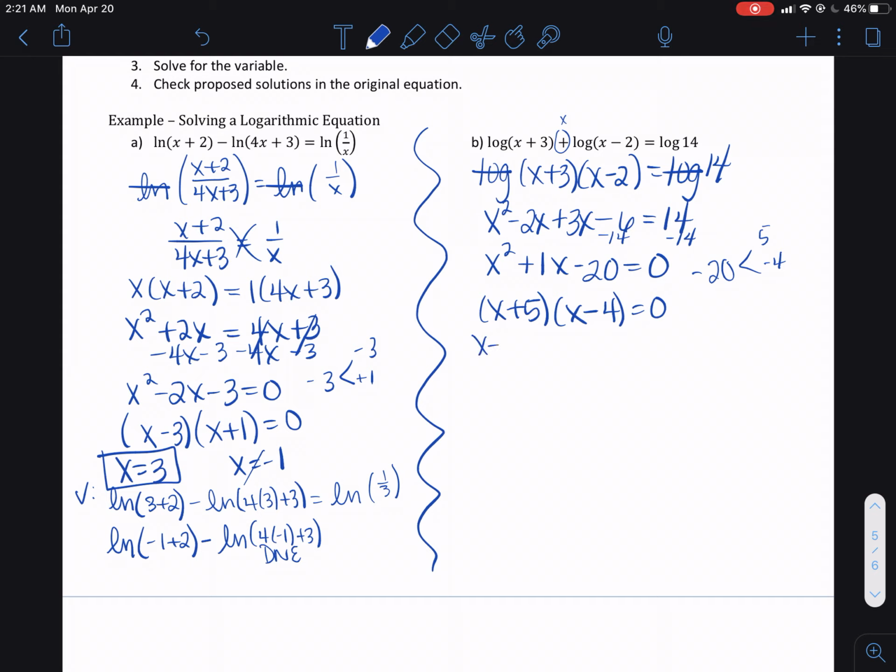So we get x equals negative 5 and x equals 4. Well, if we check right off the bat, log of negative 5 plus 3, that does not exist. And then if we check 4, we get 4 plus 3, which is 7, and 4 minus 2, which is 2. So x equals 4 is our only solution.